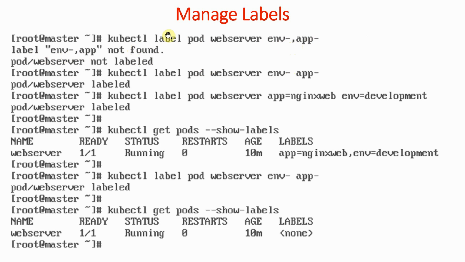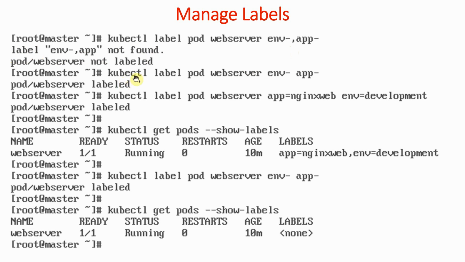So this command was wrong. Sometimes when we run a wrong command, we will get errors like this label is not found. So you have to double check the command when you are running it, whether you have typed the correct command or not.